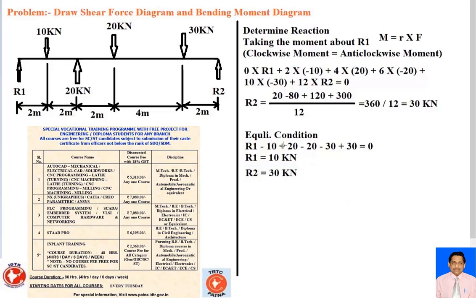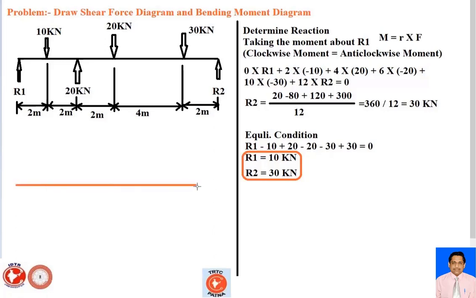After the calculation of R1 and R2, you have to draw the shear force diagram of this problem. So how to draw the shear force diagram? First of all, you draw a line, okay, and then extend this line from here to here.